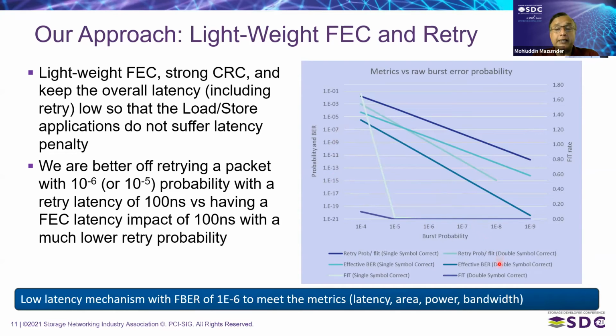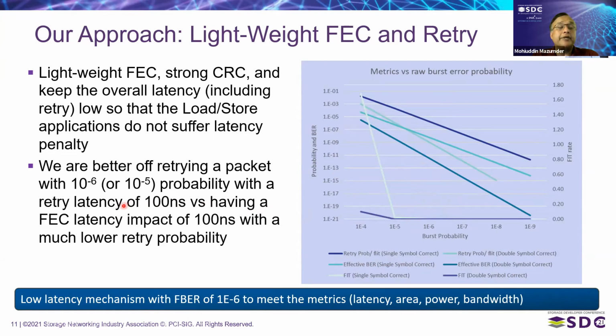So the double symbol correct can give us very low effective bit error rate, but it is expensive, as we discussed, and high latency. On the other hand, with single symbol correct, even with a retry probability of 10 to the minus 5 and FBER of 10 to the minus 6, we can achieve FIT of much less than 1.